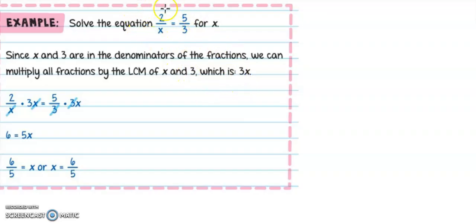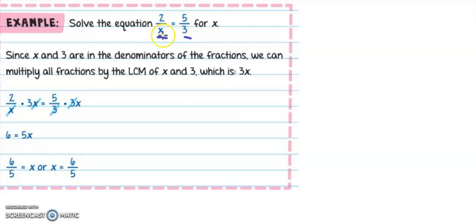If we see something that's a fraction and what we want to solve for is in the denominator, we can, like they say, multiply by the least common multiple of both of the denominators. And this is just one way that we can get rid of fractions.